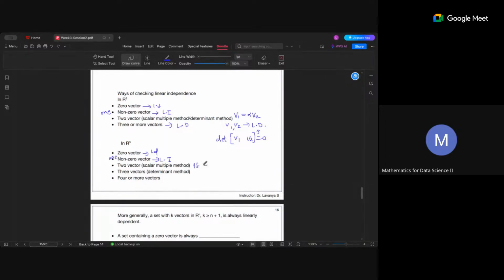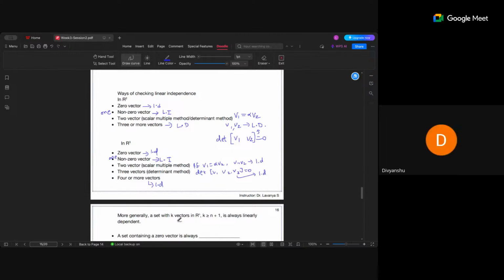If v1 is equal to alpha v2, then v1, v2 are linearly dependent. Now if you have three vectors, you have to use the determinant method. If the determinant of v1, v2, v3 is 0, then this set of vectors is linearly dependent. And 4 or more vectors? Always linearly dependent.